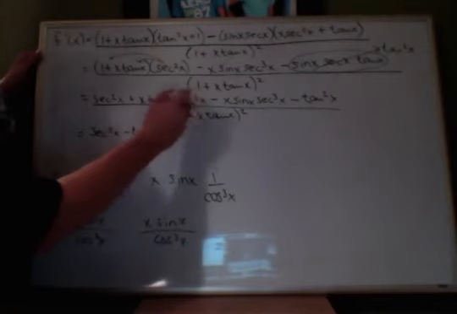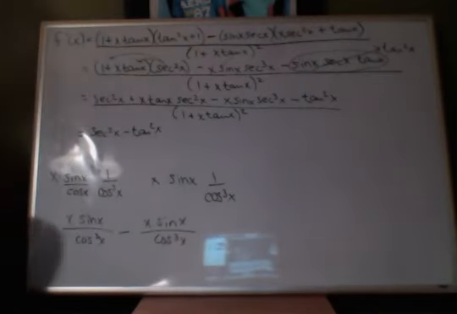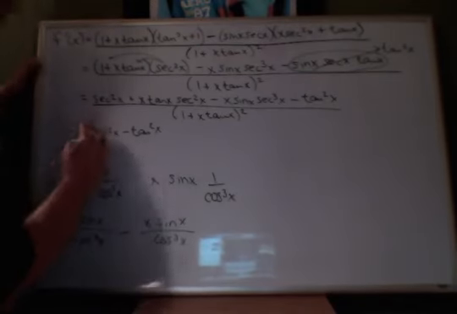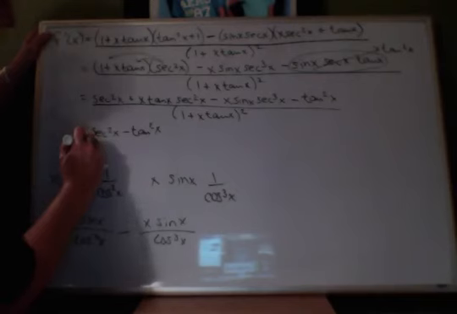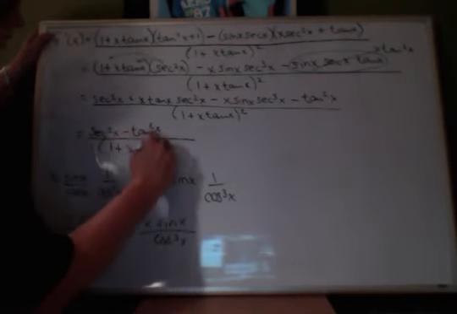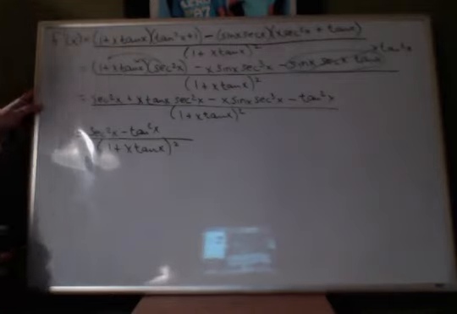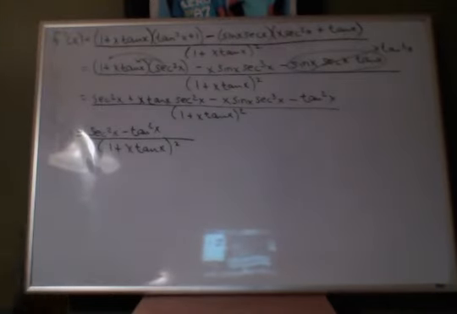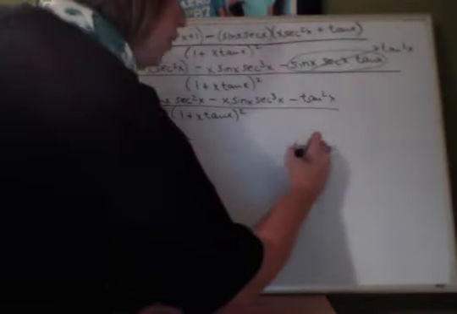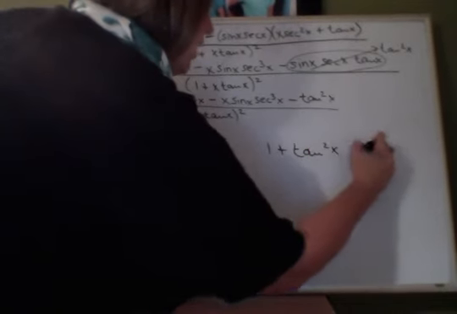So these two things end up canceling each other out as we've shown here, right? X sine x over cosine cubed minus x sine x over cosine cubed go away. So we're left with secant squared minus tangent squared over 1 plus x tangent x squared. Okay. And again, going back to our identities at the very beginning of class, we said that 1 plus tangent squared was secant squared.